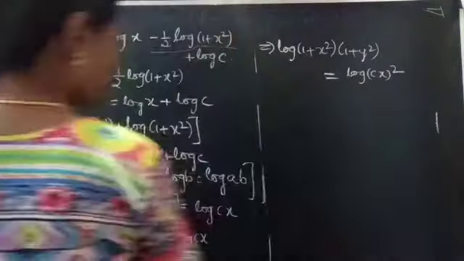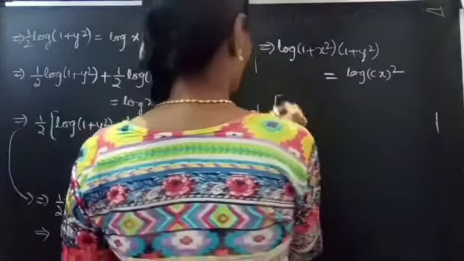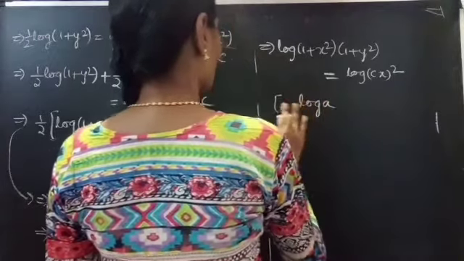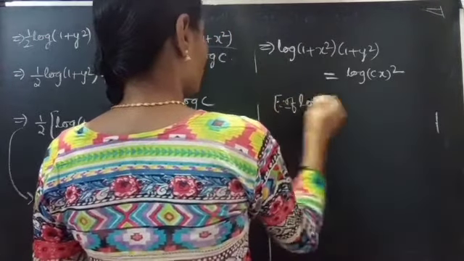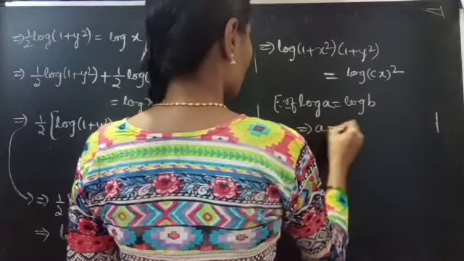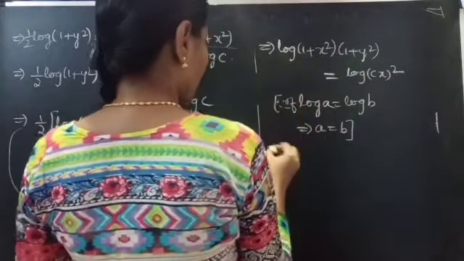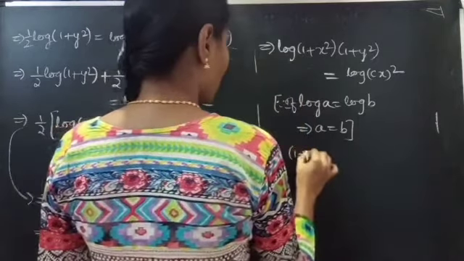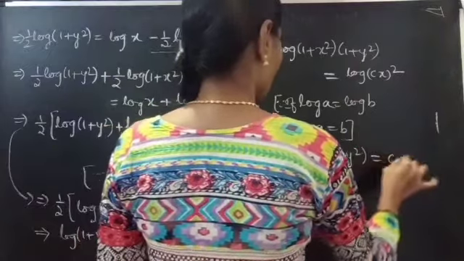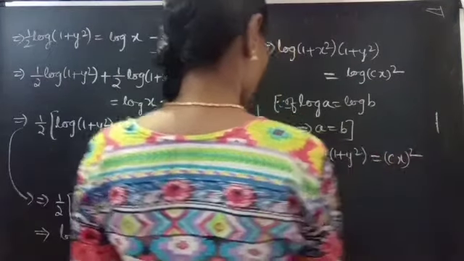Okay. Since if log a equals log b, then a equals b. Then this becomes 1 plus x square into 1 plus y square equals cx whole square.